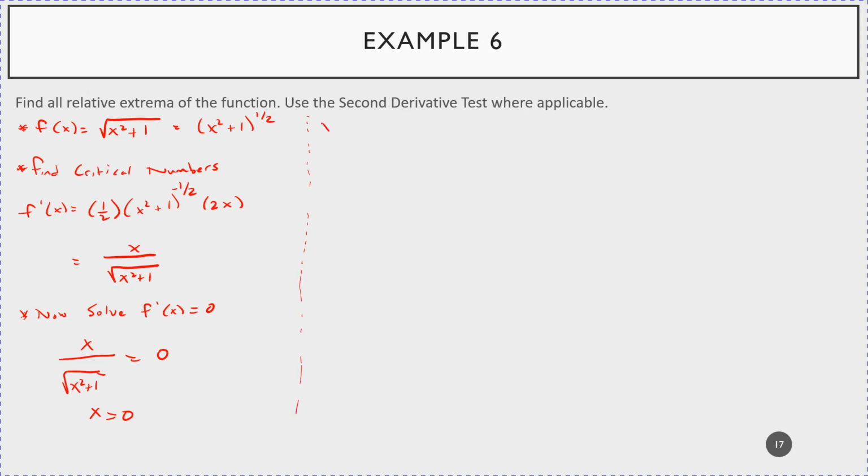Okay, so I need to find the second derivative. All right, so this is my first derivative. I'm just going to rewrite it. So I'm going to have to use the quotient rule here.